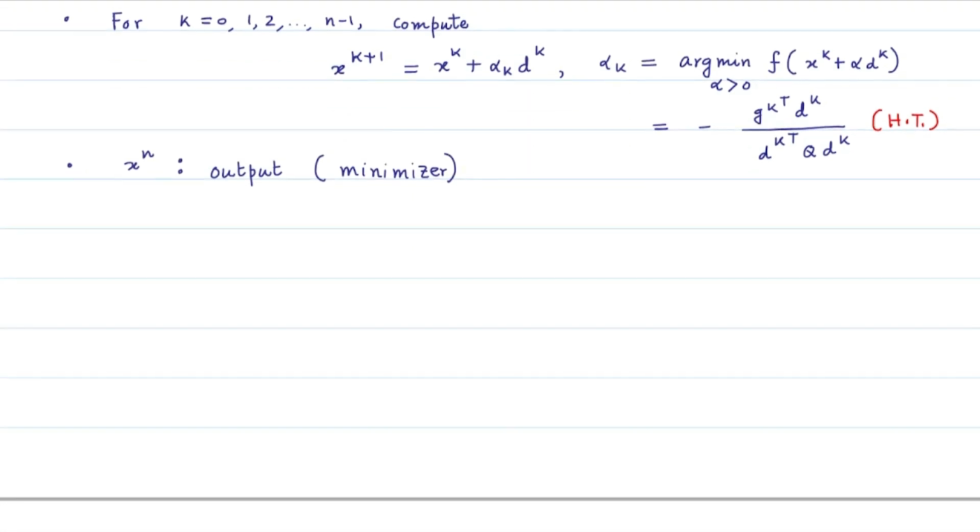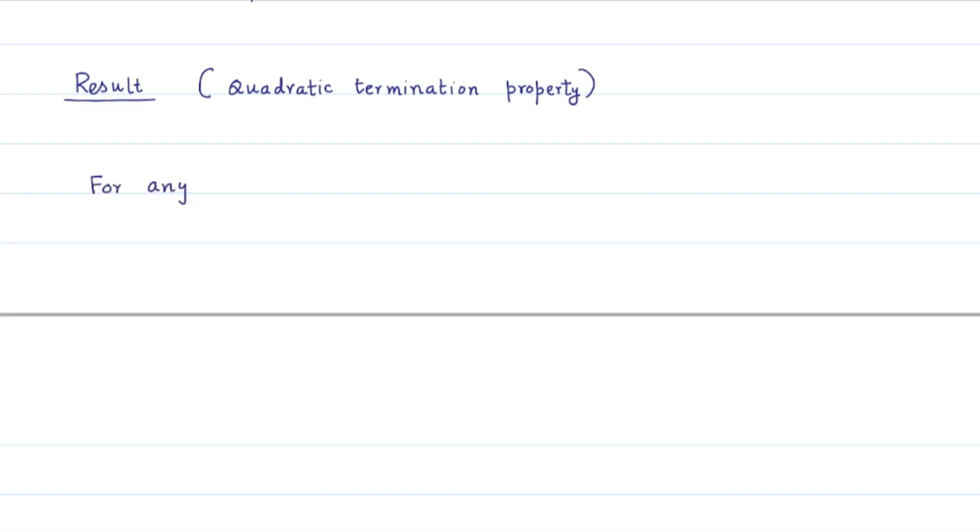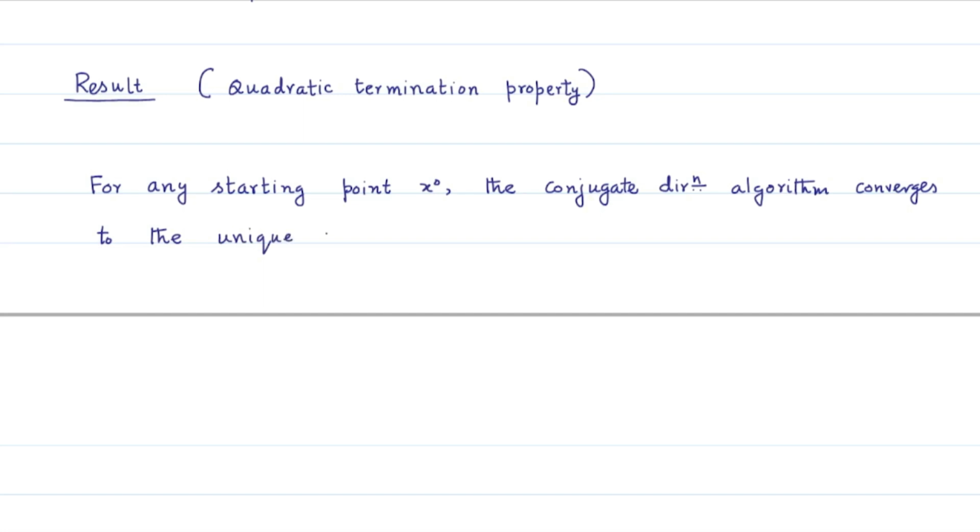We shall now prove the quadratic termination property of the conjugate direction method. We neatly state the result as follows: for any starting point x naught, the conjugate direction algorithm converges to the unique minimizer x bar that solves Qx is equal to b in n steps.